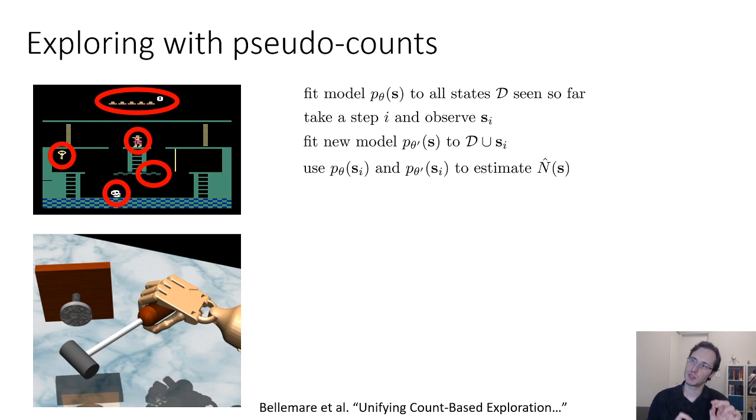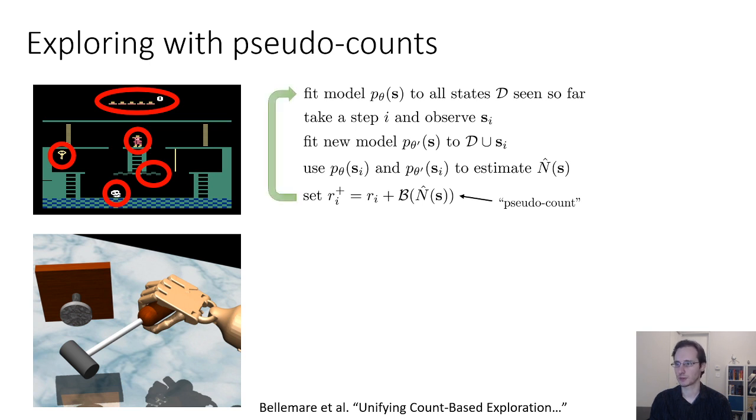And then we'll use p theta of s i and p theta prime of s i to estimate a pseudo-count, which I'm going to call n hat of s. And then we'll set r plus to be r plus some bonus determined by n hat of s. So this n hat of s is a pseudo-count. And then we repeat this process.